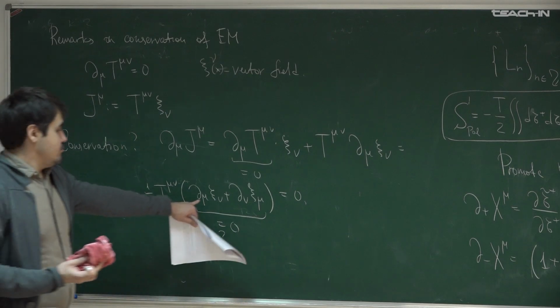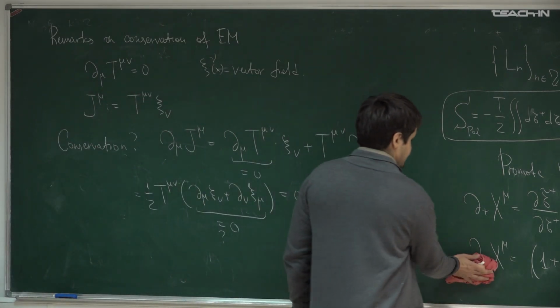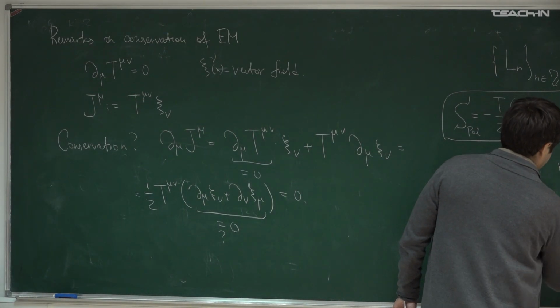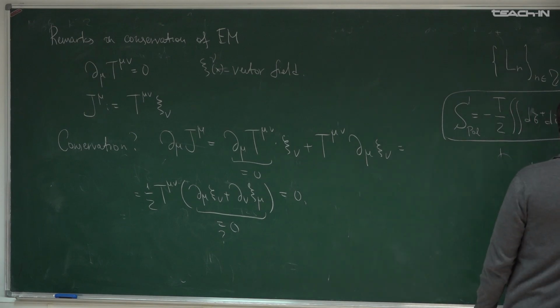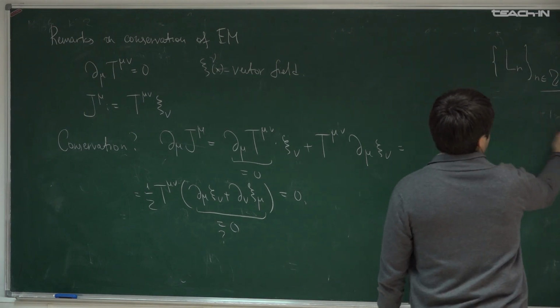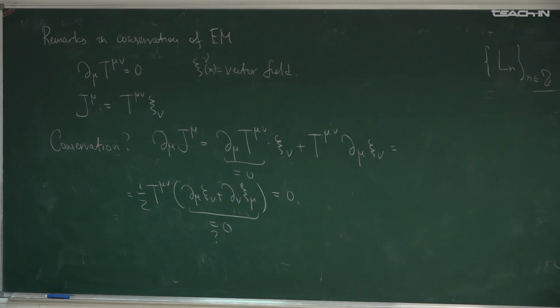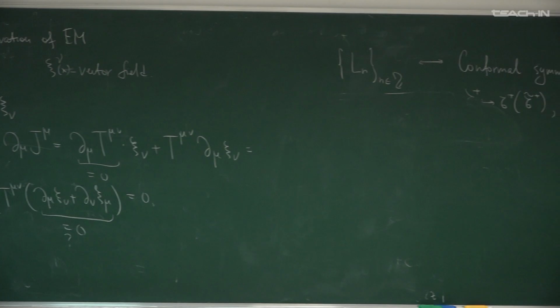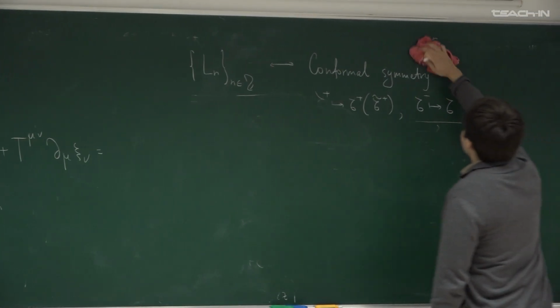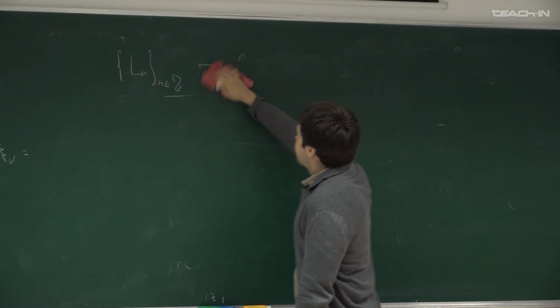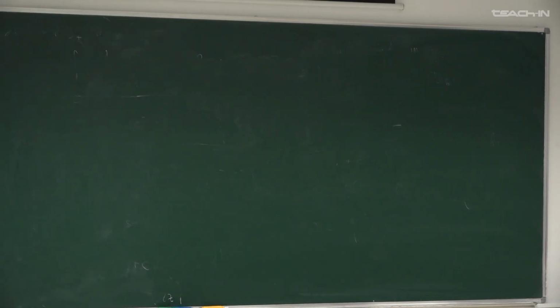And what is this equation here? Killing equation, yes. So we can construct a conserved current if we have a Killing vector psi. So this is the Killing equation, and we will require that.